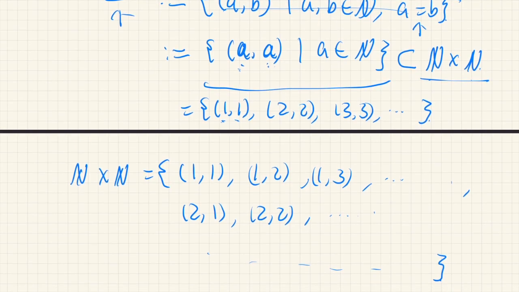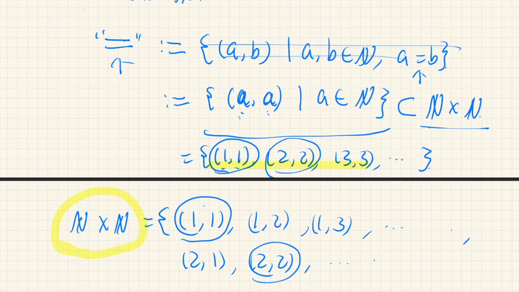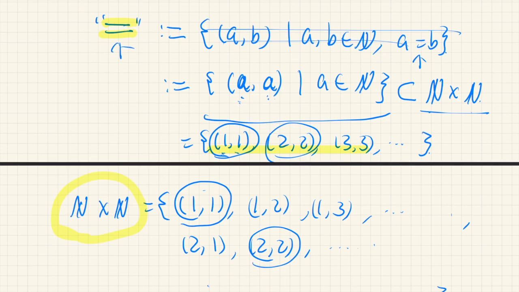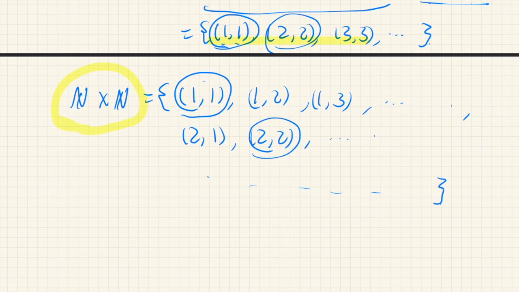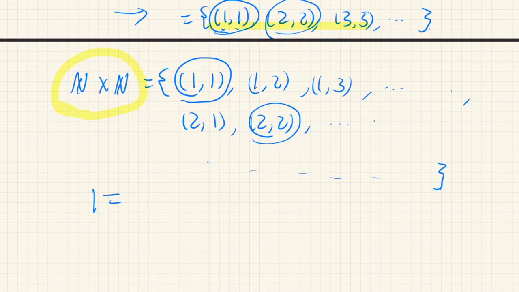So only part of this Cartesian product is present in this relation. We name this relation equality. So this is a subset. And if a pair belongs to this subset, then we write 1 is equal to 1, or 2 is equal to 2, and so on.